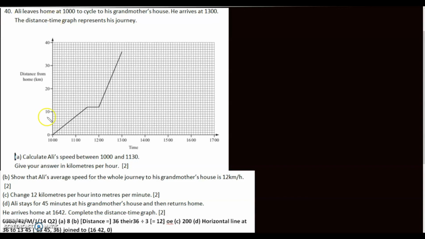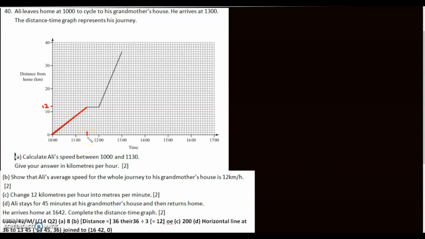So speed is the rise over run. We need the rise over run of this line. So the rise is, what is this? Is this 11? 1, 2, 3, 4, 5, 6, 7, 8, 9, 10. No, that's 12. So the rise is 12 kilometers. And what's the run? We have 1 hour over here, and then this would be 1, 2, 3, 4, 5.